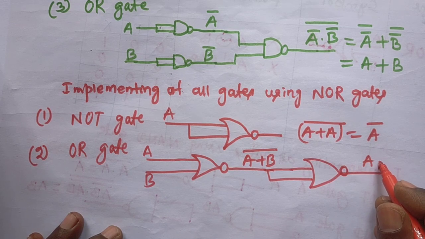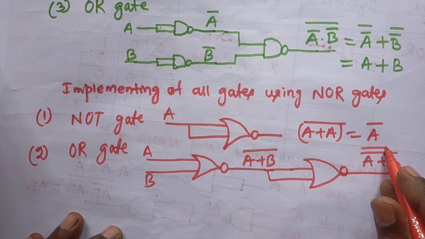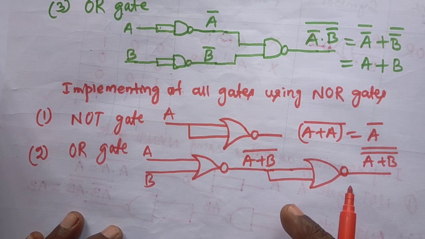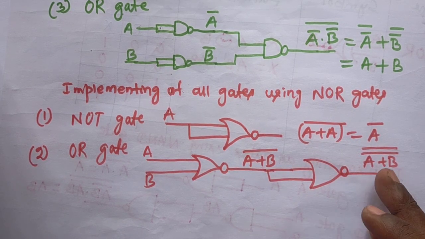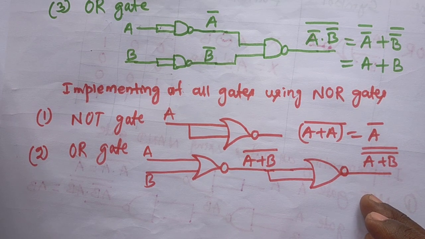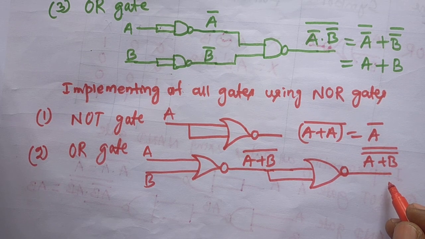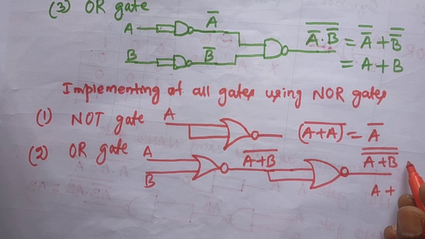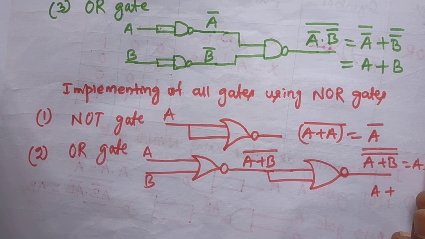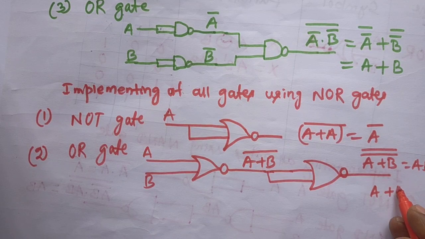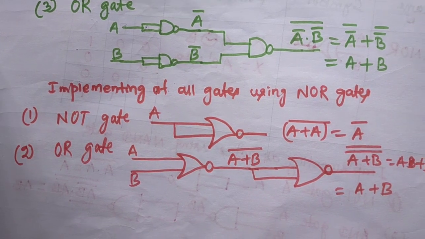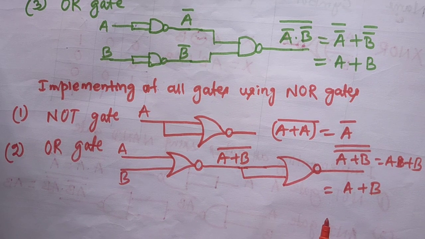That means A plus B complement, again complement, because two parts, then two times complement. So what happens, go through that, then the result is A plus B. In this way we can write A plus B. So this is another concept of this OR gate.